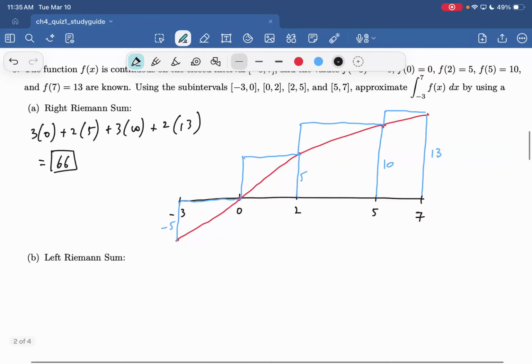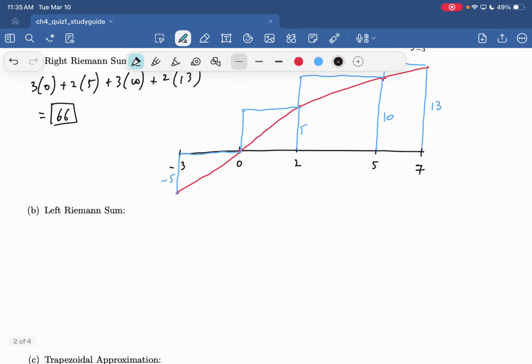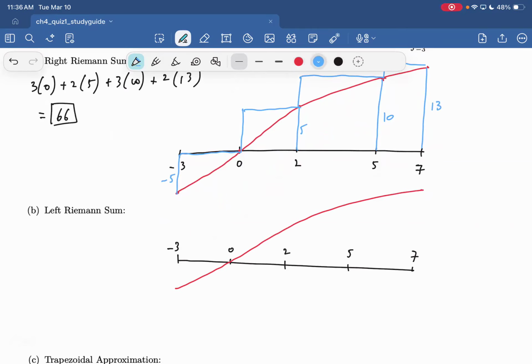All right, how about the left Riemann sum? Well, for the left Riemann sum, we are going to be looking at the rectangles now defined with heights by the left side of the interval.